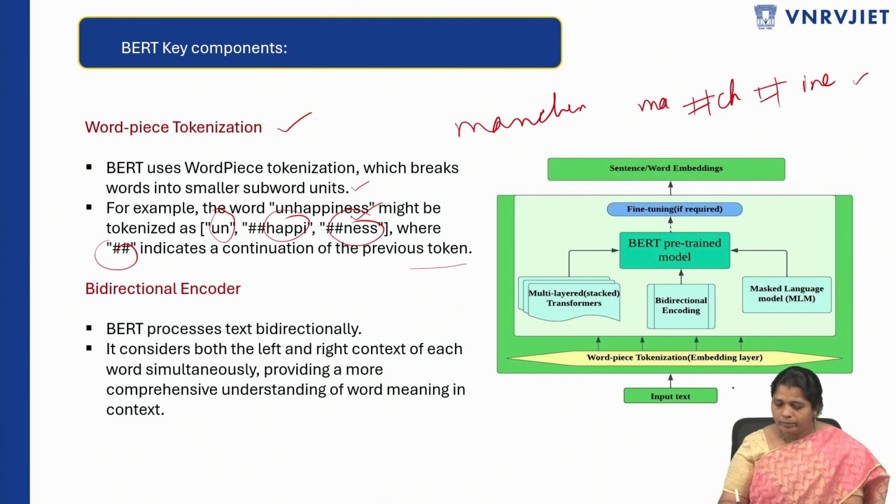Next, this WordPiece tokenizer will give the input to the bidirectional encoder. So this will process the text bidirectionally. Bidirectionally means from left to right and from right to left, which considers both sides and tries to provide a more comprehensive understanding of word meaning in context, where you can get a more illustrative meaning of that particular word.